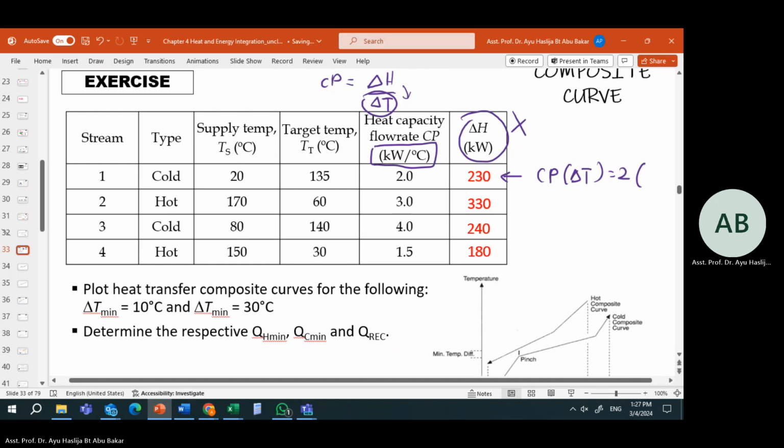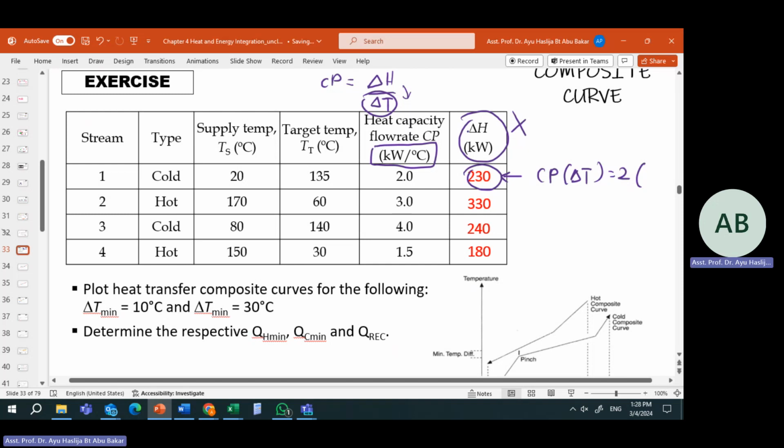Rachel, do you get the same? What do you get? CP multiplied by delta T. Yes, you should get 230.